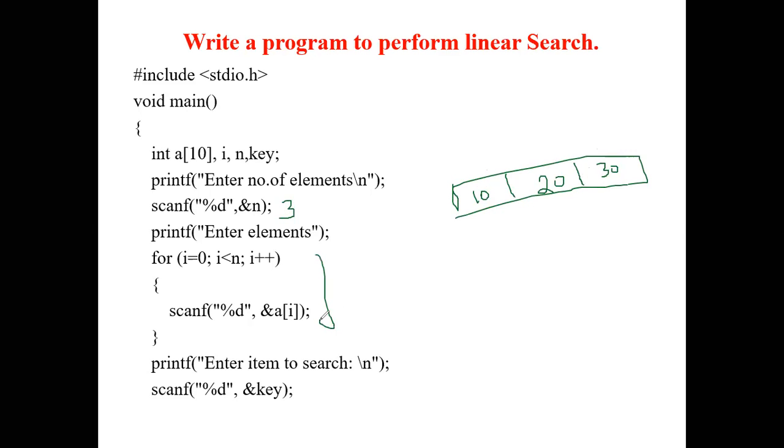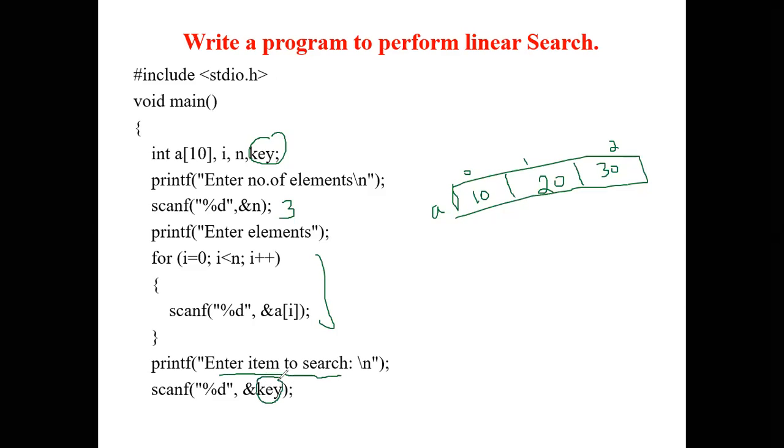So read the elements of the array. Now we are declaring a variable key. This key is nothing but the element or item to be searched. The item to be searched is stored in the variable key.